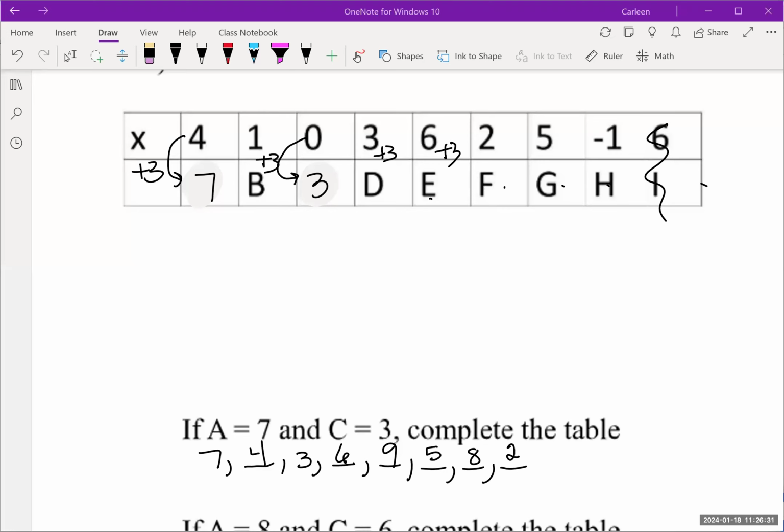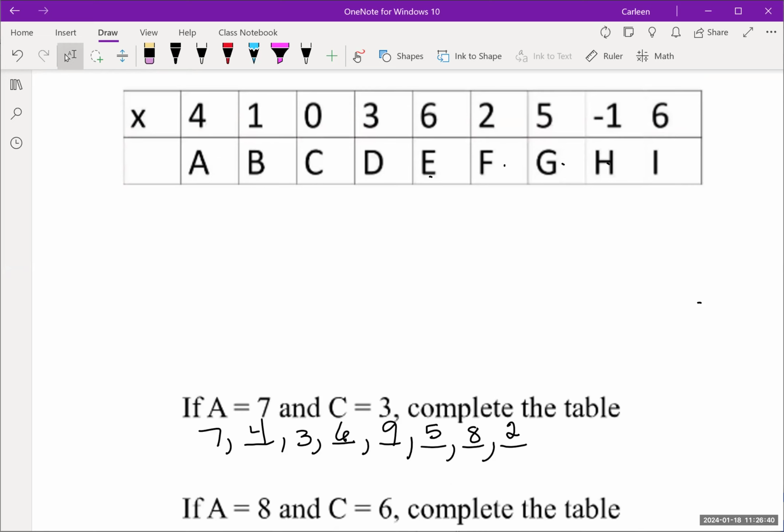Okay. New problem. A is 8 and C is 6. Wrong. Oh my goodness. D is 6. Oh, I need to change that.